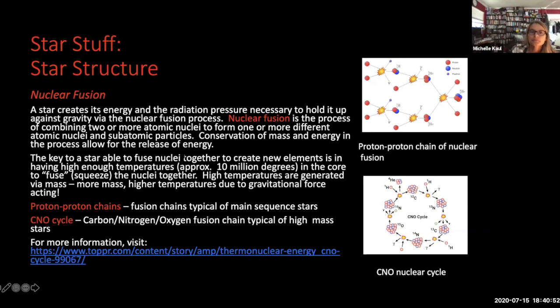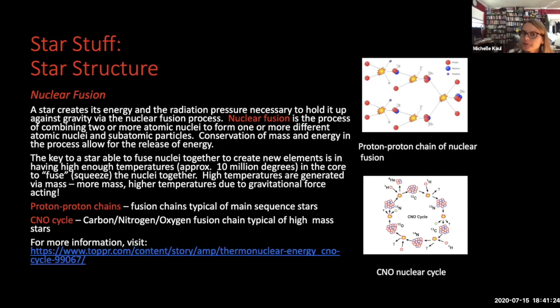What we're doing is creating new elements, and the only way fusion is possible is to have high enough temperature. So you have to have a lot of mass to squeeze that mass together, creating that pressure. What you're doing is increasing the temperature to a significant amount such that the fusion process can occur.